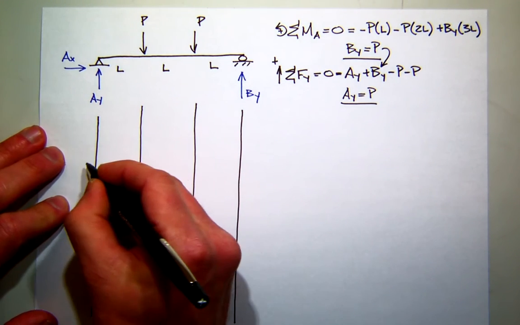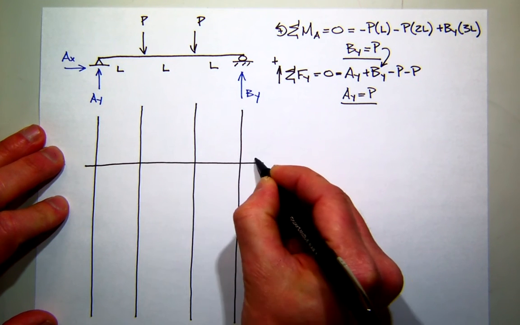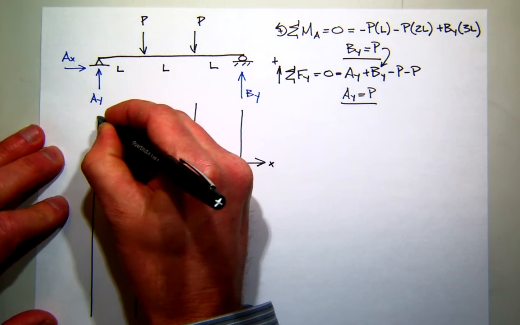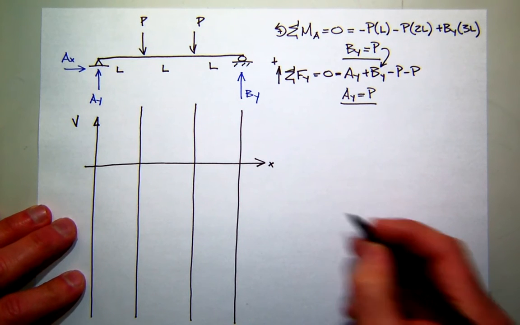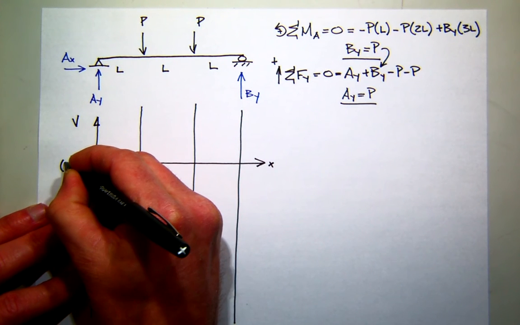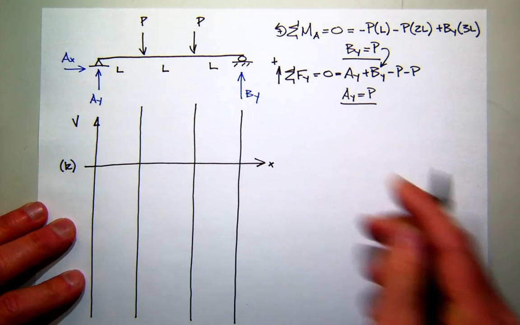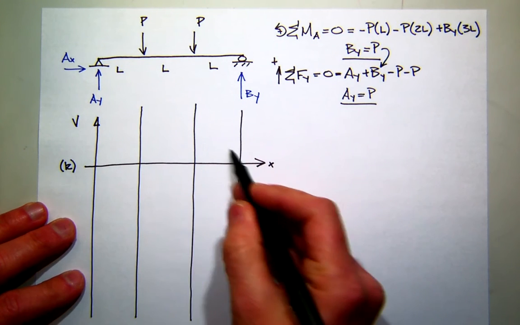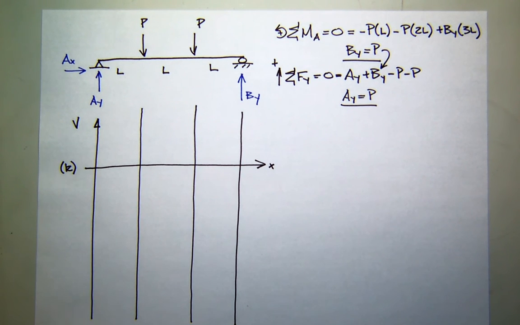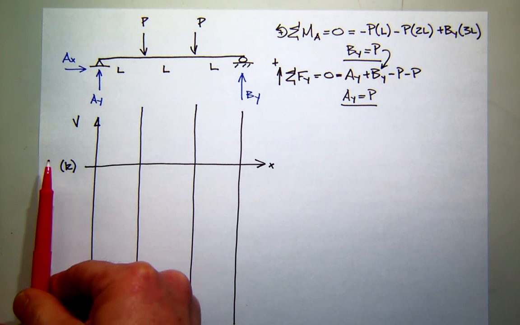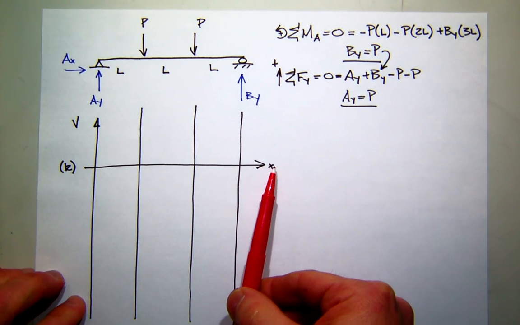And then I'm going to come down here and I'm going to establish an x-axis and a shear axis. And I'll go ahead and say that, although this is a symbolic problem, I'm going to assume all my values on my diagram are going to be in kips, or whatever unit the problem happens to want. Okay? Now, starting from left and working to the right, because that's where my positive axis is.